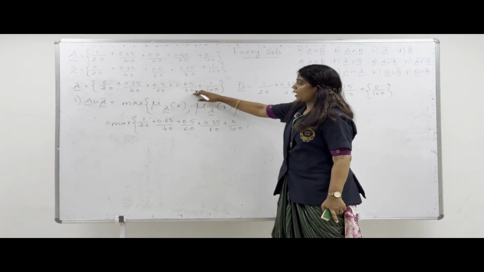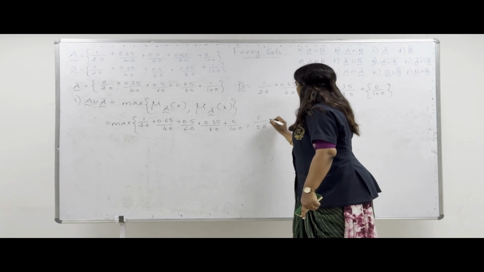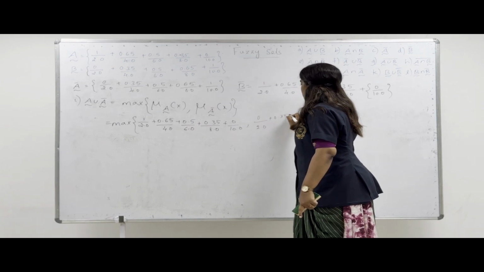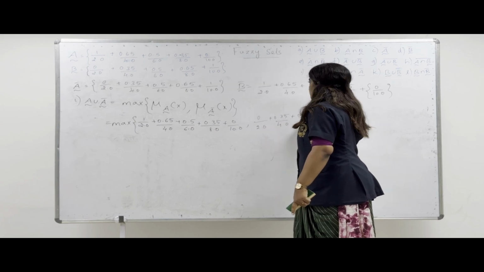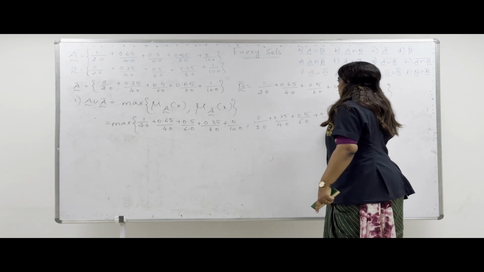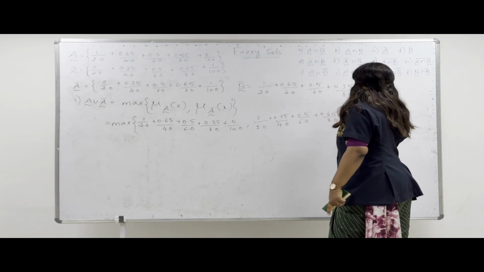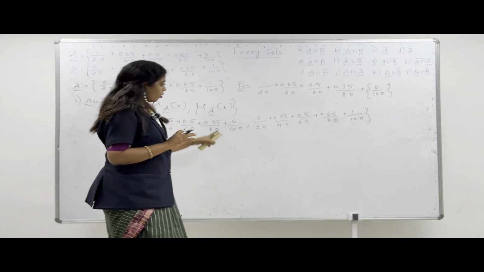Next you have to write the A bar values, that is 0 by 2.0 plus 0.35 by 4.0 plus 0.5 by 6.0 plus 0.65 by 8.0 plus 1 by 10.0. We have to find the maximum among these.